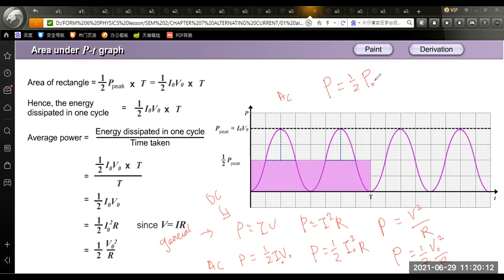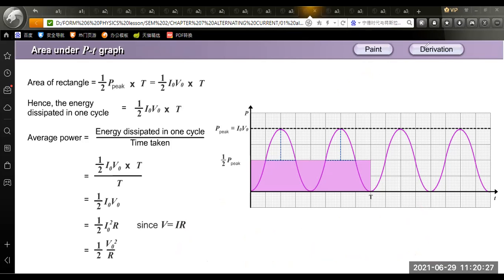P naught is the maximum power that can be achieved, but in reality it is stable at just half of the peak power.